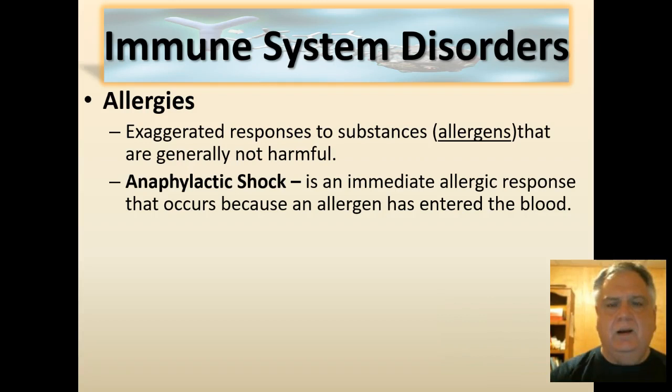Remember, whenever we talked about capillary exchange, blood pressure is very important in helping to move the fluids between the blood vessels and the tissues. So there can be a drop in blood pressure. We don't get good capillary exchange, and that can result in what we refer to in this case as anaphylactic shock.